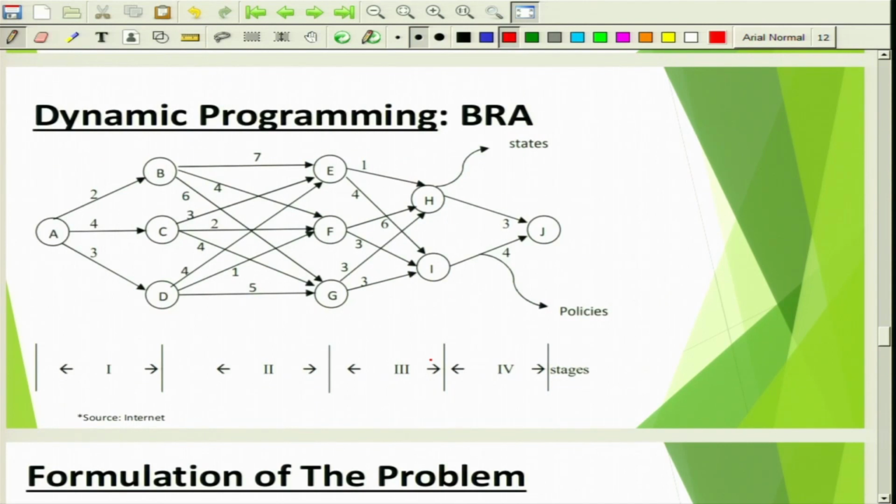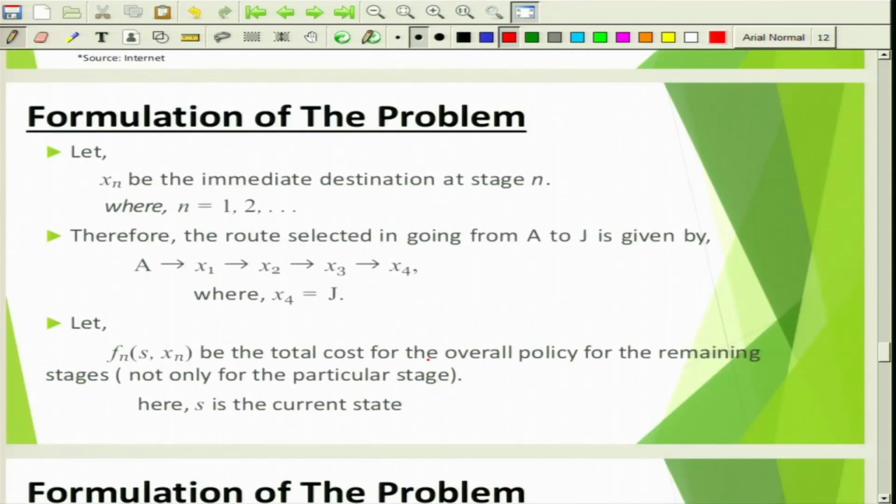Again you divide it into different stages and there are different states, the philosophy remains the same. Now let xn be the immediate destination at stage n.